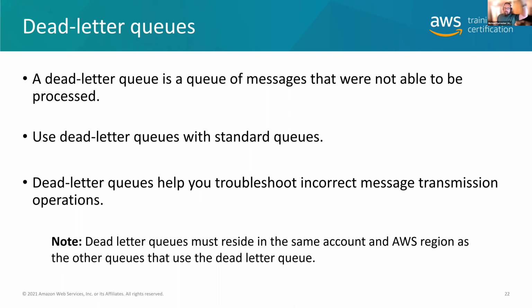Those other queues are called source queues. You set up a dead letter queue to receive messages that could not be processed for whatever reason. This allows you to isolate things that might be incredibly important but are not processing. You can have a consumer occasionally check the dead letter queue and say, hey, what's going on with this message? And maybe when they check the dead letter queue, they handle it very differently.